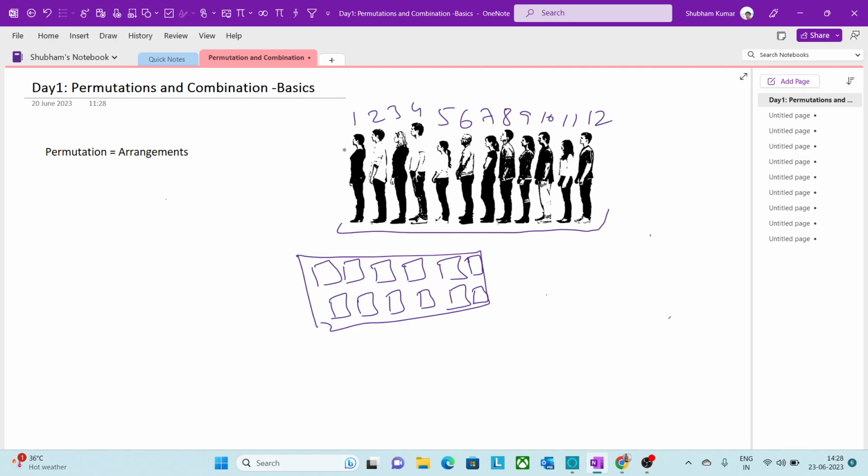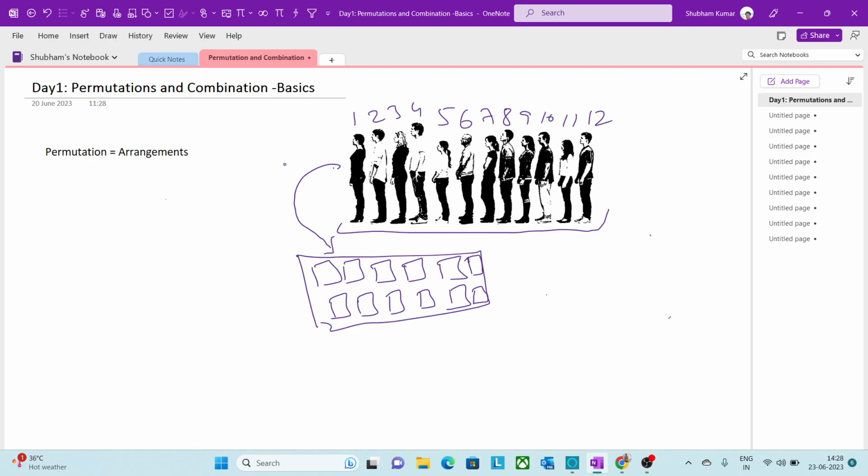So if these 12 people are to occupy 12 seats in a bus, then in what number of ways can they actually be seated here?